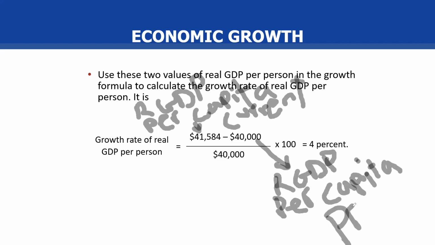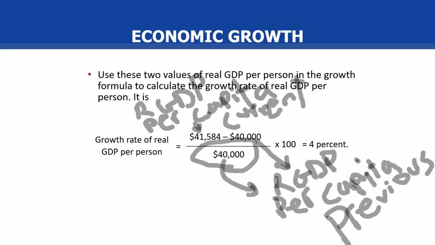Current minus previous. And again, you're going to divide it by previous. I'm not going to write it again for the denominator, but again, this 40,000 is again the real GDP per capita in the previous year, okay?